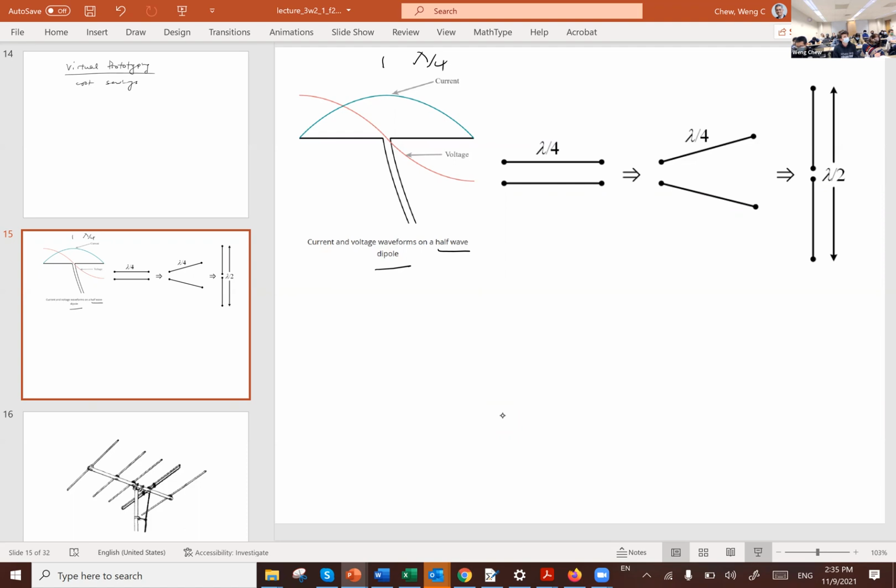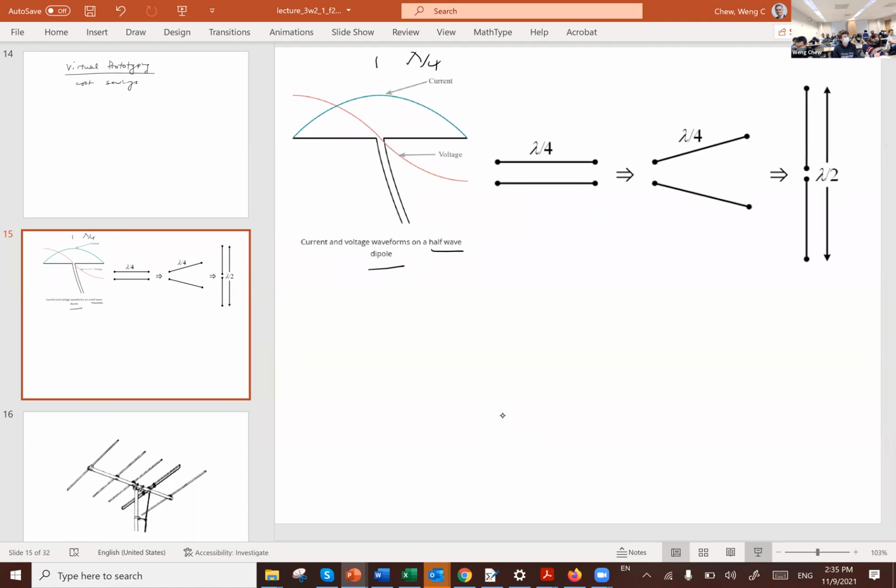Okay. So if you drive it with the current source on this side, then the current distribution will look something like this. The maximum is on the left, then on the right-hand side it is a zero. So it looks like a quarter of the wavelength. Now if you open up this transmission line, let it flare, the current distribution will still look something like this.